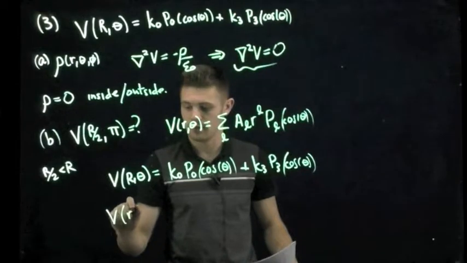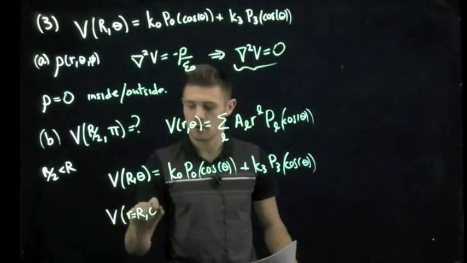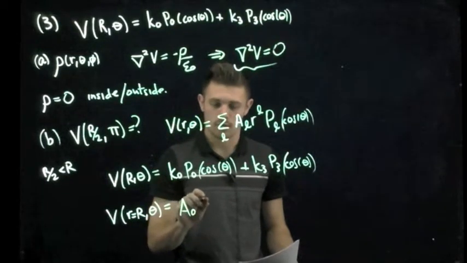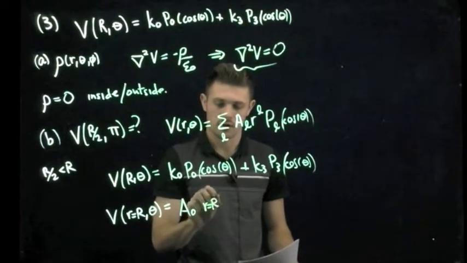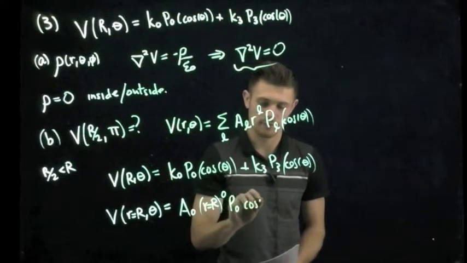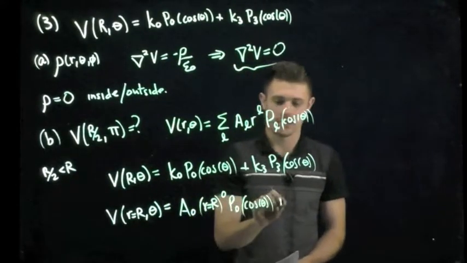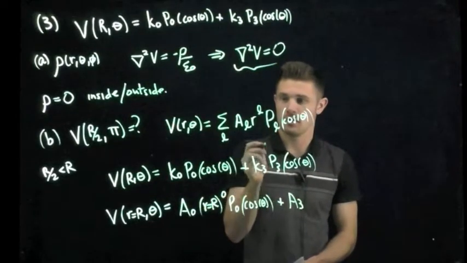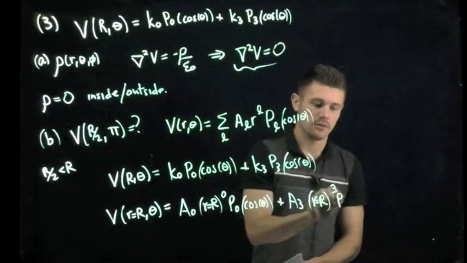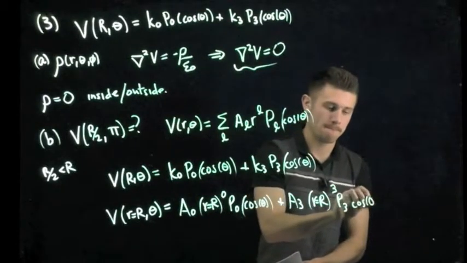So we have V of r, theta is equal to a sub 0 r to the 0 P0 cosine theta plus a sub 3 r cubed P3 cosine theta.